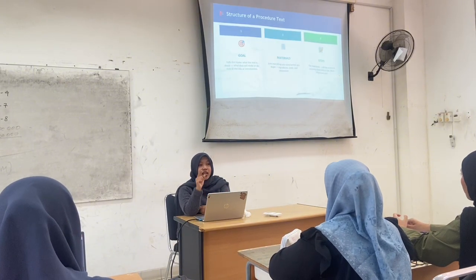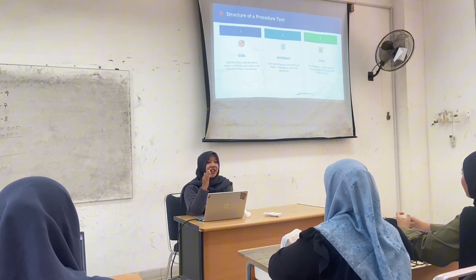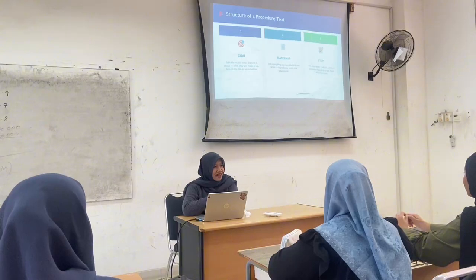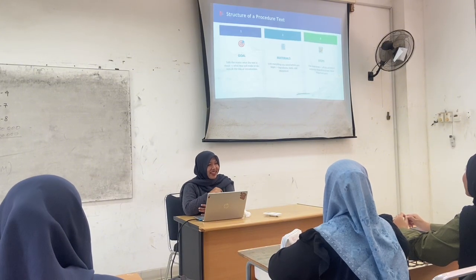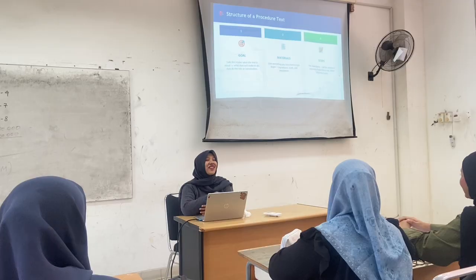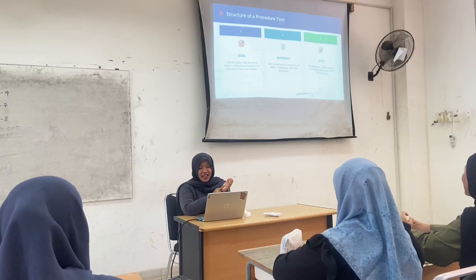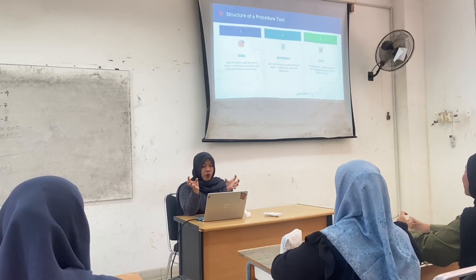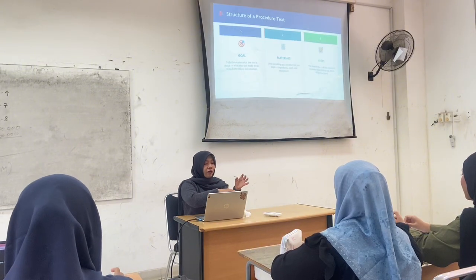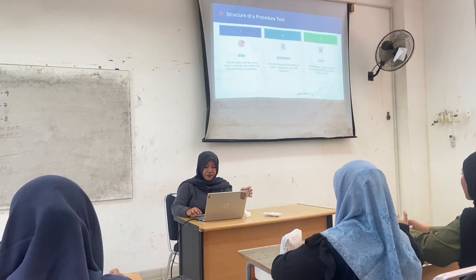And last, steps. Steps are the main body. If we don't have steps, it is not a procedure text. Good job. The steps are all the actions in sequence, first and then next. It is the most important structure.